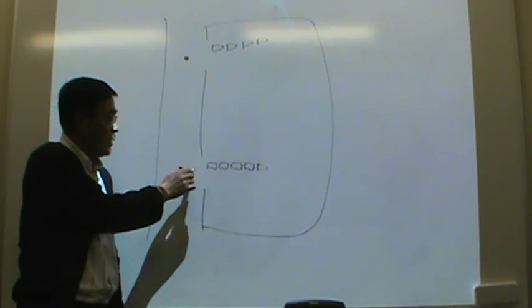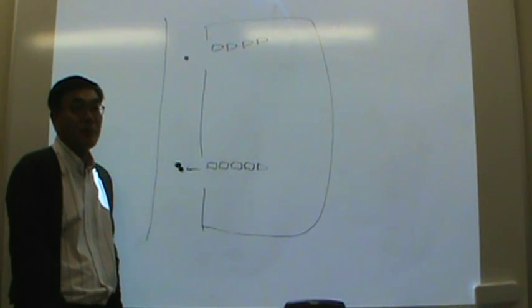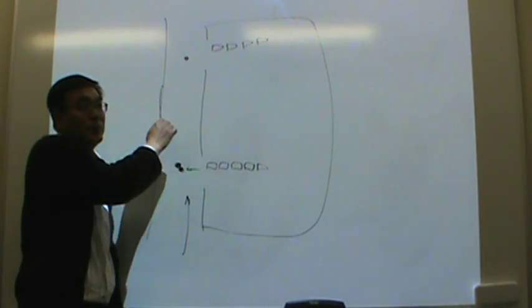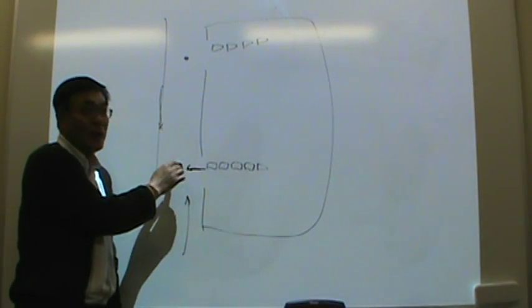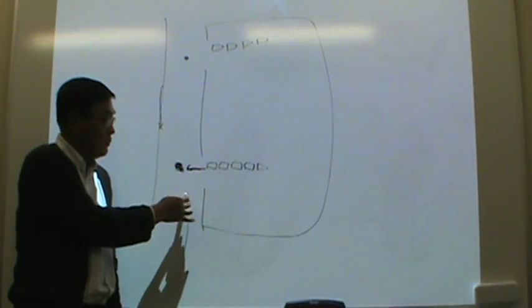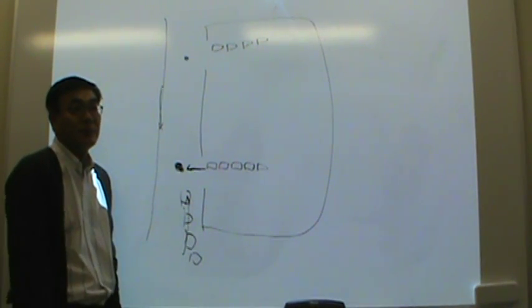solution is to give a longer traffic light here, a green light, right? But there is traffic here too. If we give more time to the lights, then traffic may back up and there's a jam here like that.